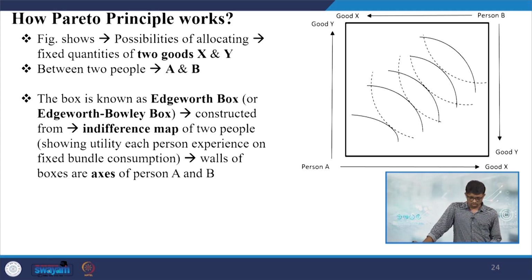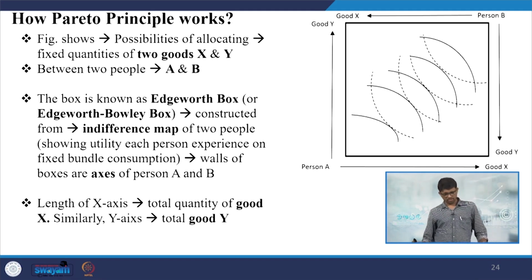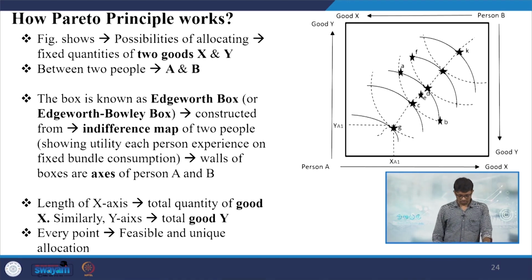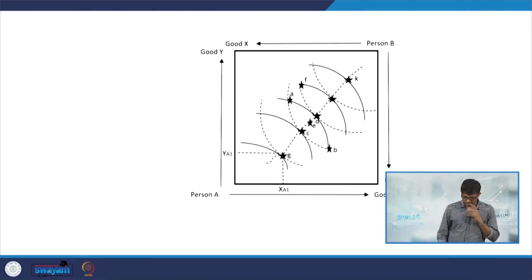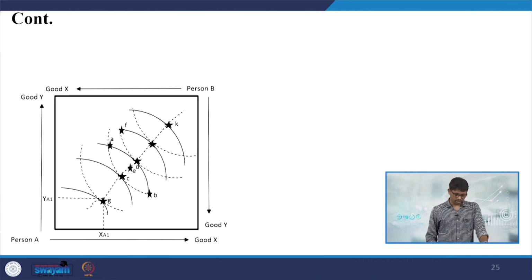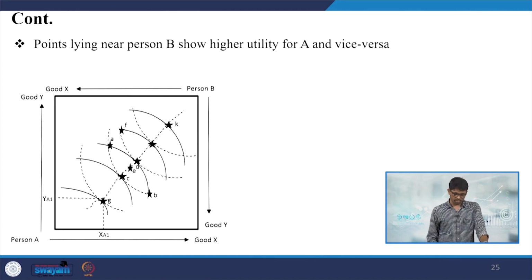So, this is also called the Edgeworth-Bowley box, mapping each individual's preference function. The length of the x axis explains the quantity of good X, and the y axis the quantity of good Y. Every feasible point defines a unique allocation. Now, we will discuss the best possible bundles where both consumers simultaneously try to reach their optimum level of satisfaction.